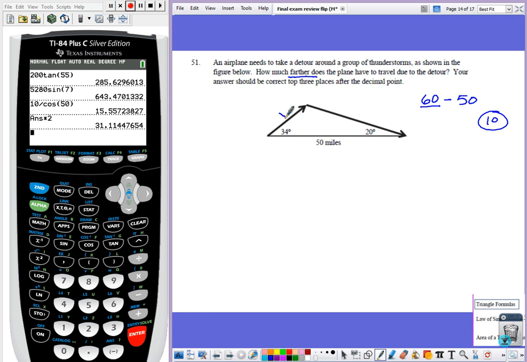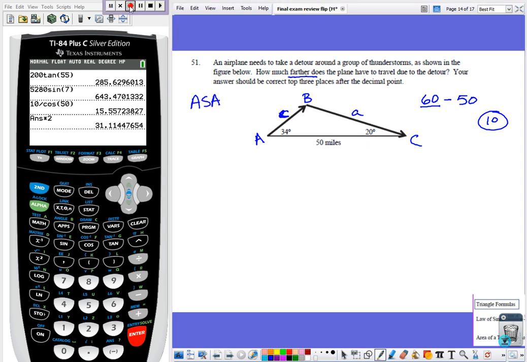So we need to find this value. Let's label this triangle A, B, C. And then we can label this side A and this side C. And we know side B is 50 miles. Okay? So we know angle, side, angle. Since there are 2 angles given, we can find this other angle.